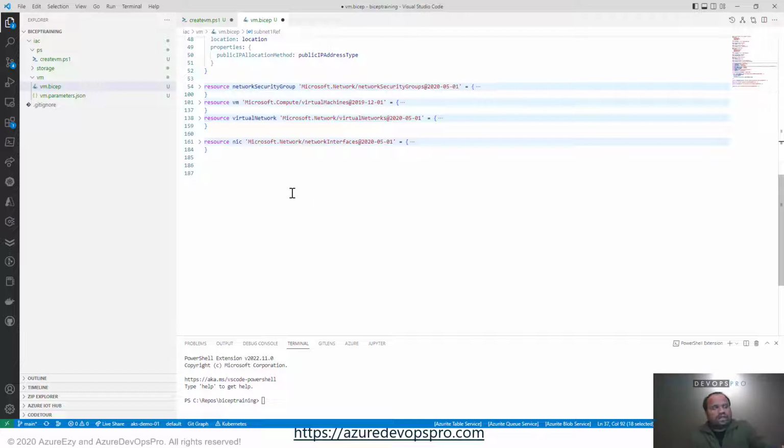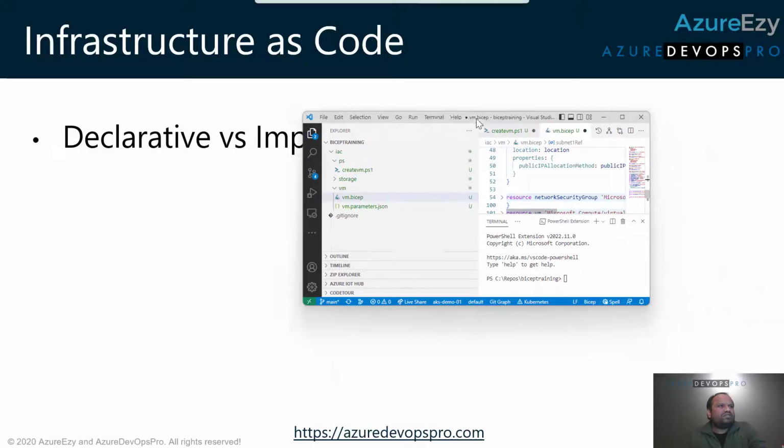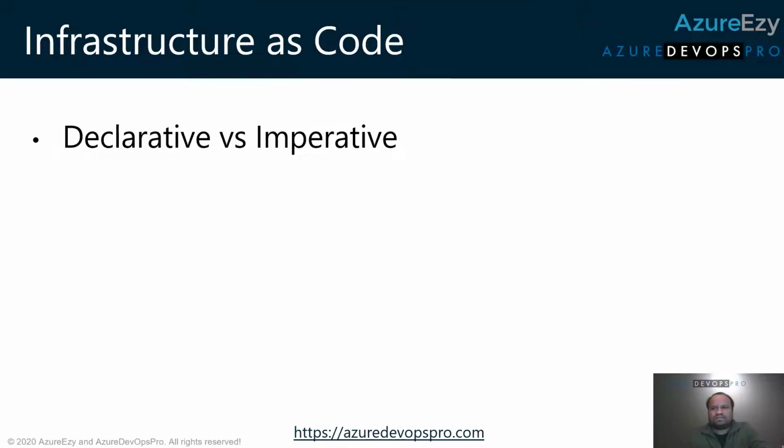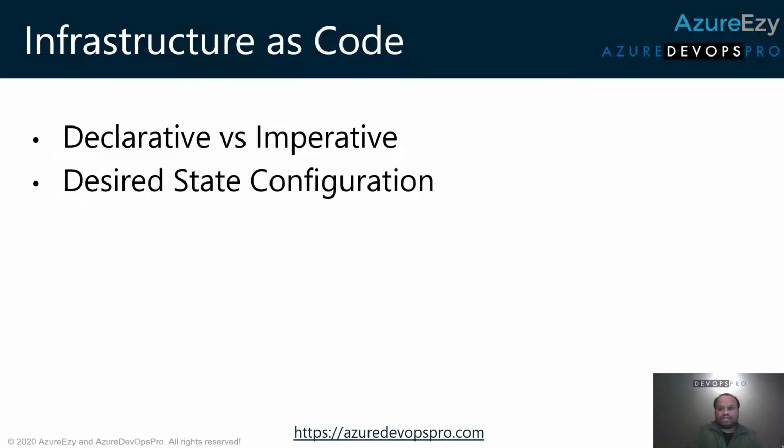Now, having said that, let's go back to the discussion and talk about the other things that we have on the slide. Desired state configuration, we already have mentioned this. So desired state configuration is similarly declarative.